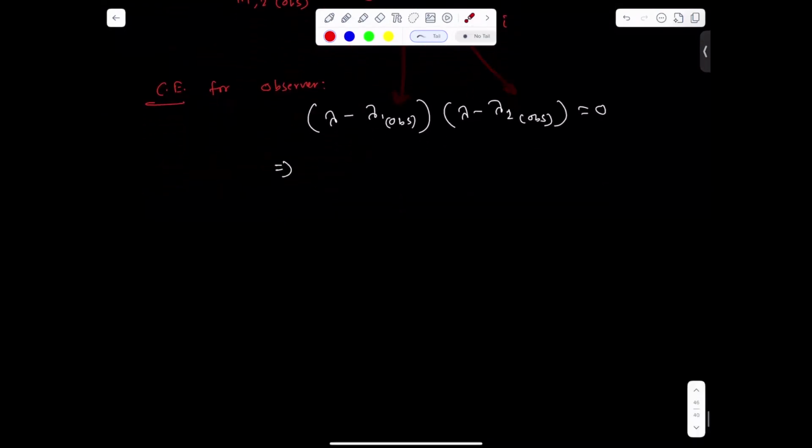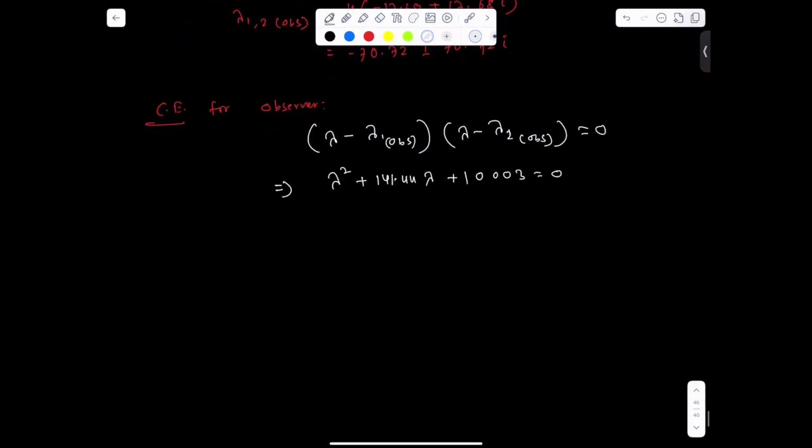So if you substitute and find the equation, we are having lambda squared plus 141.44 lambda plus 10003 equal to 0. Okay.